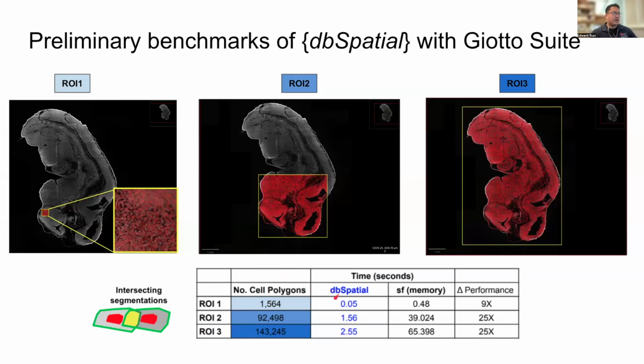We're comparing how much time it takes to find the intersect between these polygons as we increase the number of cells across these three ROIs. We can see that DB Spatial is significantly faster than the equivalent intersection method in the R spatial sf package, which is doing things in memory, with up to a magnitude performance improvement.